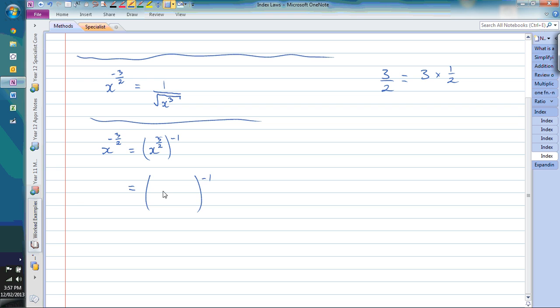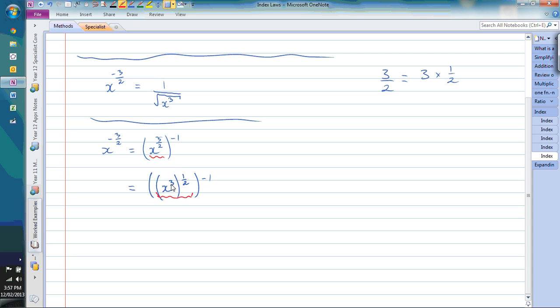I can write 3 halves as 3 times a half, so I can rewrite this middle part here as x cubed to the power of a half. So that bit that I've underlined red there is the same as this bit that I've underlined red here.